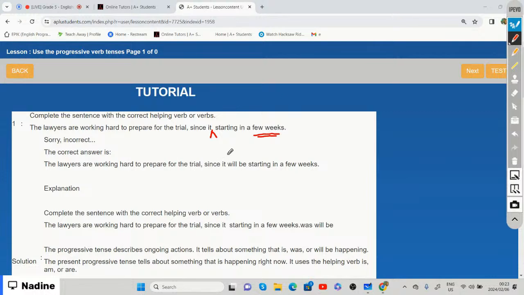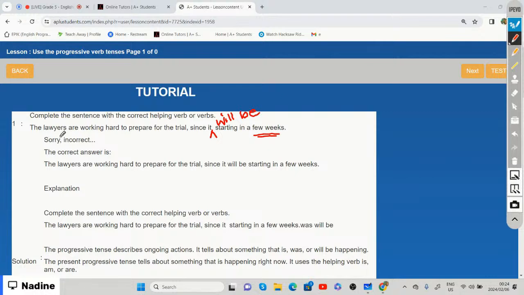has it started yet? Says the trial started yet. So it is not in the past, it is not currently in the present, which means that this is going to be in the future, which means that we will use the helping verb, which is will be.